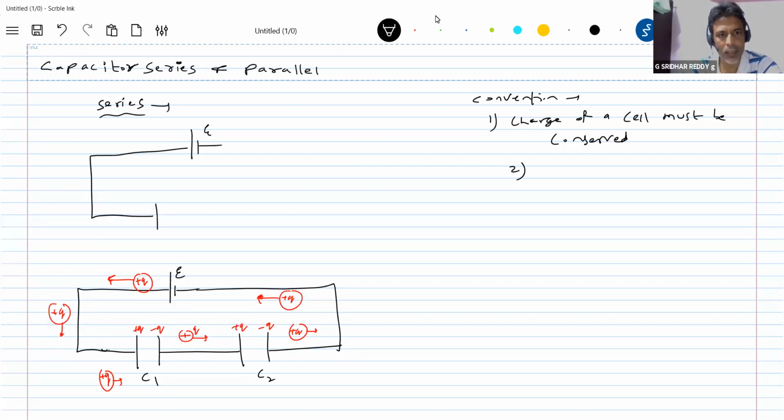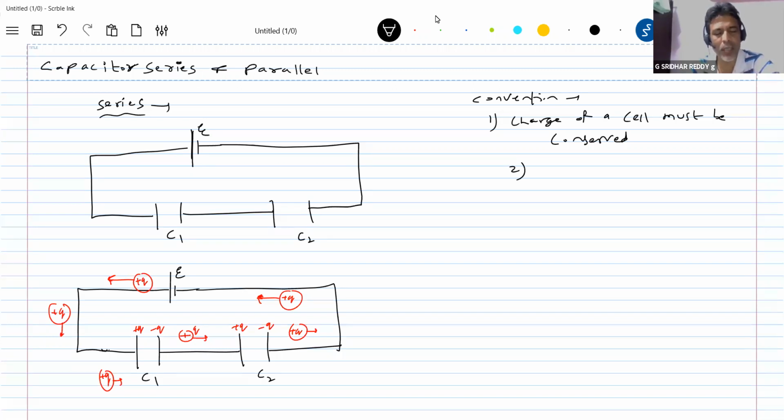There's a capacitance C1, C2. Look at this very carefully. Charge of a cell must be conserved. What charge left the positive terminal, that much should enter the negative terminal. Positive charge plus Q left the positive terminal, so that much charge should enter.